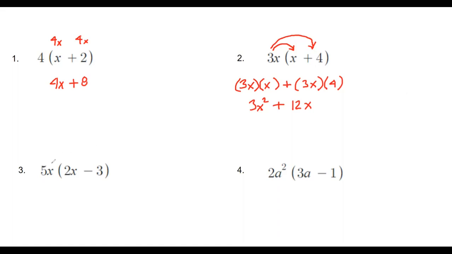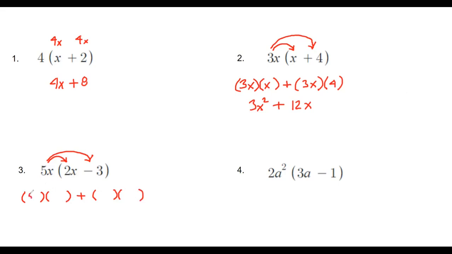All right, problem 3. We're going to multiply 5x times 2x and 5x times a negative 3 in this case. Once again, I am always going to treat this as addition. So I'm going to set up this form for a problem like this. We are going to have two products and we're going to add them together.